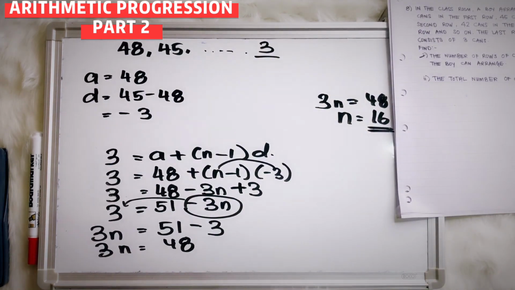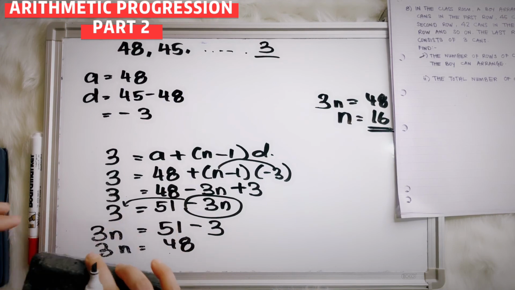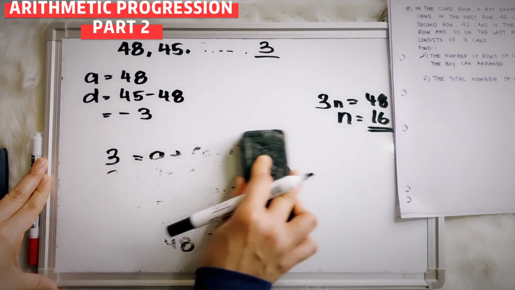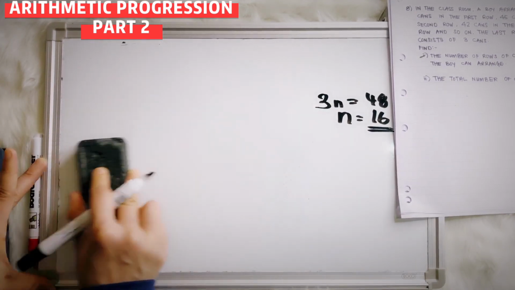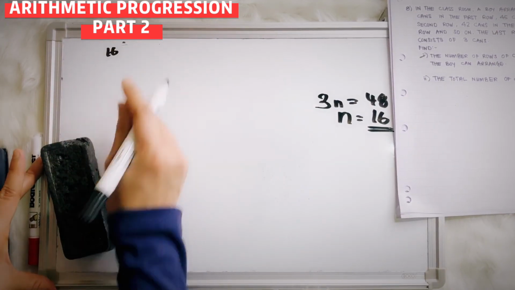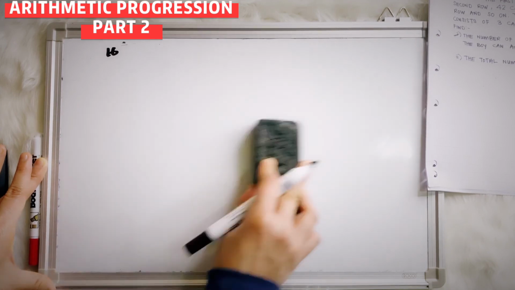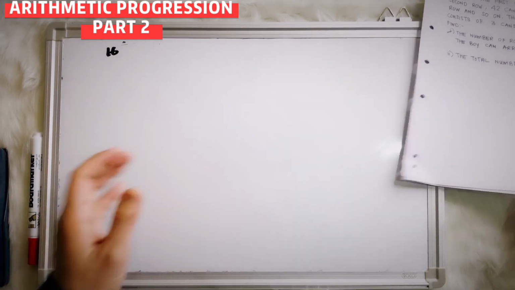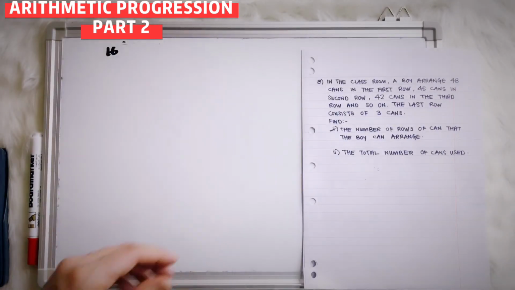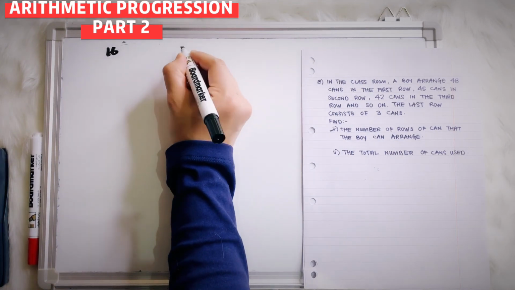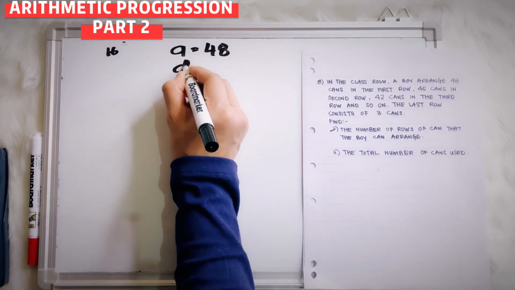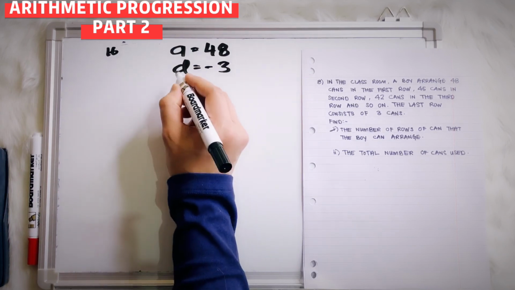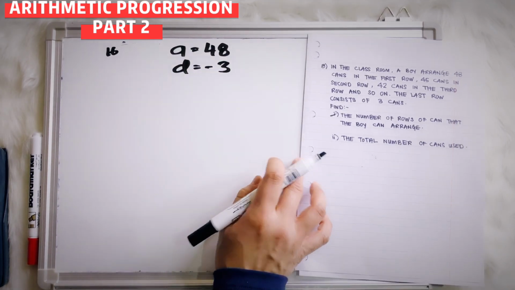The last part, the total number. We know we have 16 rows. Our A is 48, our D is -3, and our number of rows is 16.